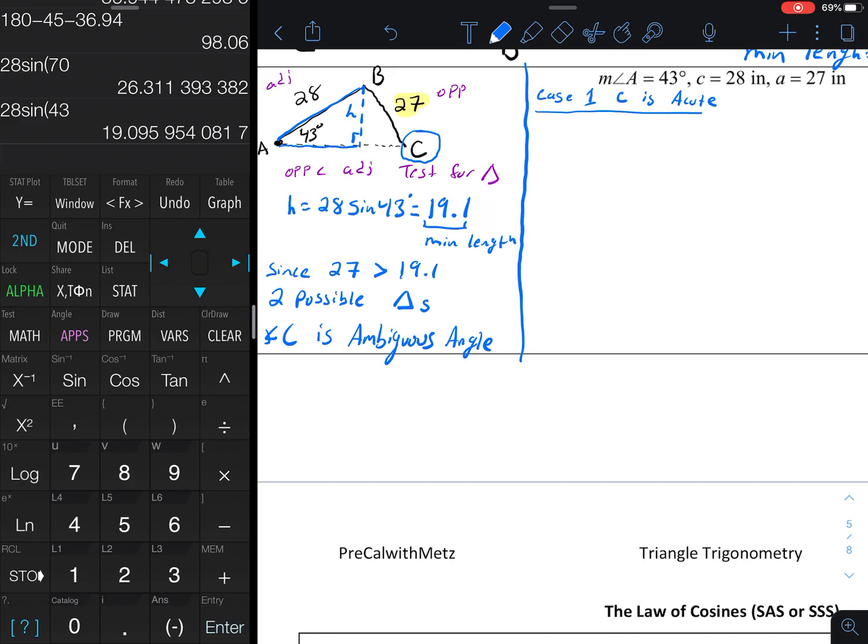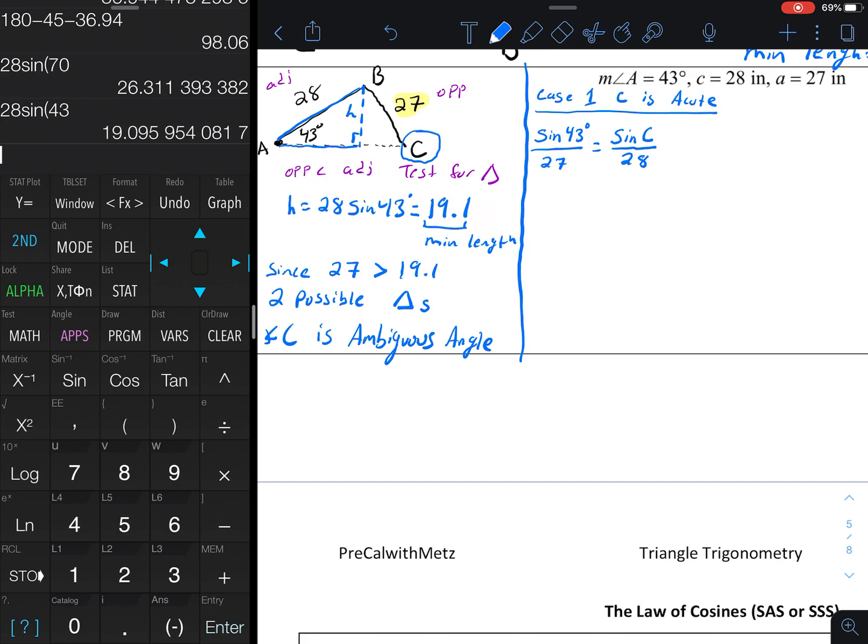If it's acute, I'm using the triangle exactly the way it's already drawn on the left-hand side, so I'm not going to redraw it for this part. I'm just going to refer to it and solve for all the other information. We know that sine of 43 divided by its opposite side of 27 is equal to sine of angle C divided by 28.